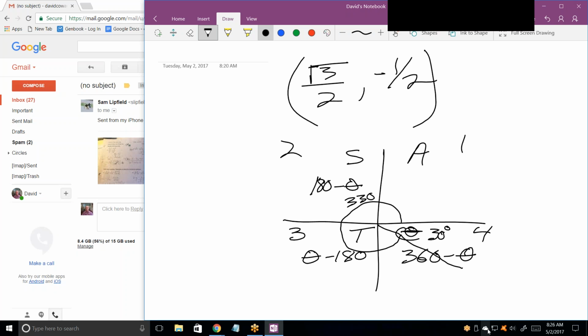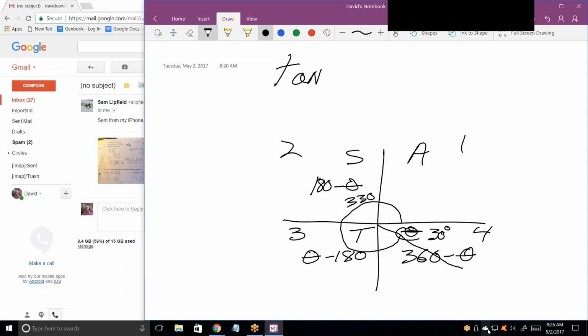Okay? What else? The tangent of -150. I'm using parentheses because of the negative sign, but there's two ways to do this problem.